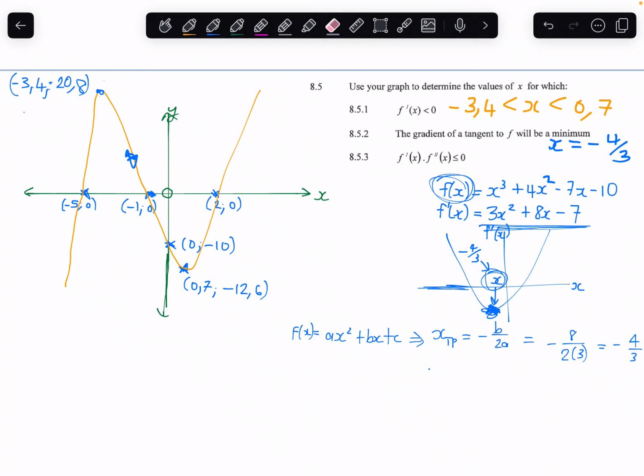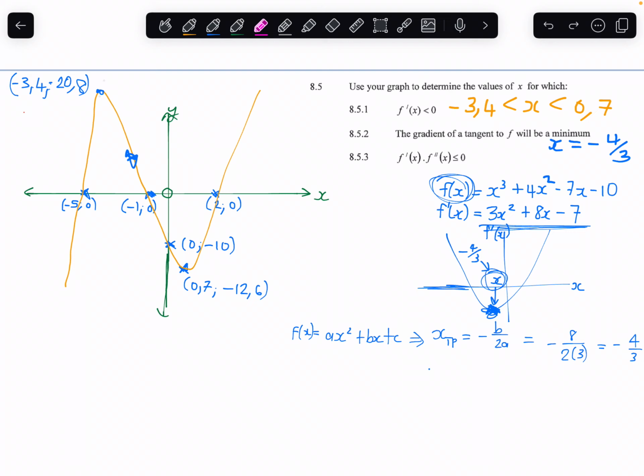Okay, so we already know that f prime tells us about gradient. f double prime tells us about concavity, right? So when f double prime is positive, our graph is concave up, and when it's negative, our graph is concave down. So very roughly, we have two things going on here.